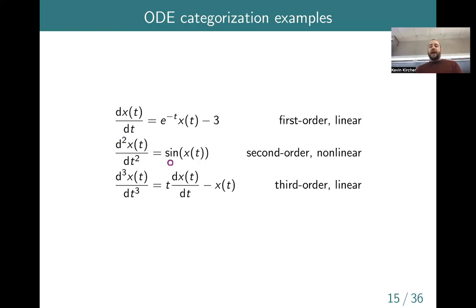And the right-hand side is not a linear function of x, right? It's sine of x, a wiggly nonlinear thing. So this is a nonlinear ODE. And this is the sort of equation that would show up in a pendulum problem in mechanics. And this one, because it has a third derivative, is third order, and it is linear because it just has a linear combination, weighted by functions of t, of the function and its derivatives.